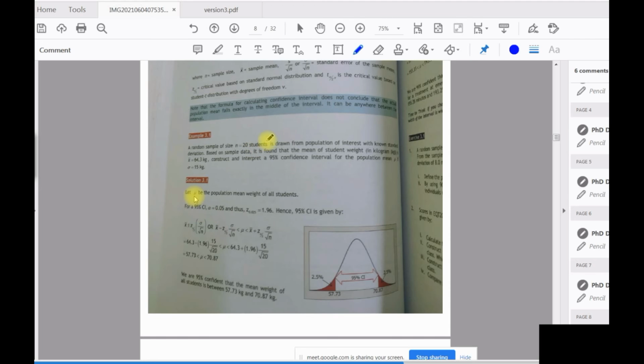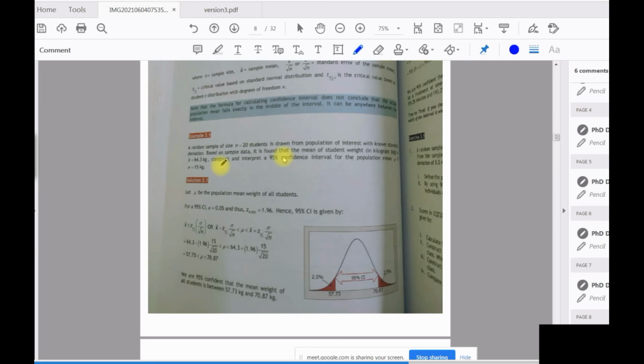So we have mu. What is mu? Mu is the population mean weight of all students. Okay, that is mu. The sample size we take here is 20, n is 20, so consider alpha. What is alpha here?